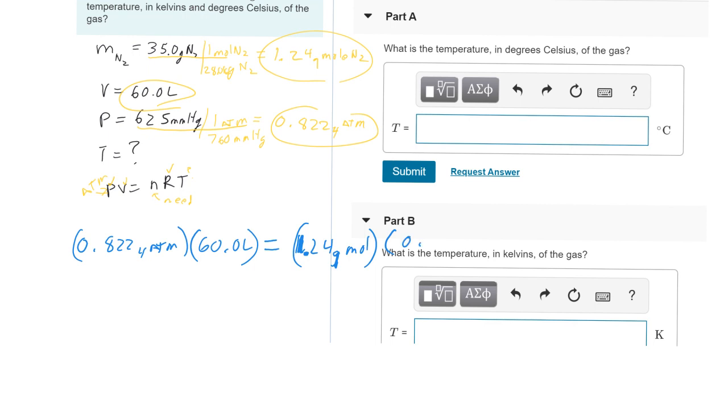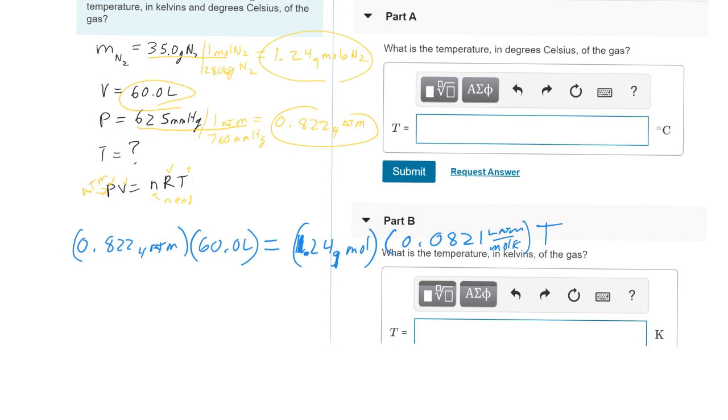Times our gas constant, 0.0821 liter atm per mole Kelvin, times our temperature.